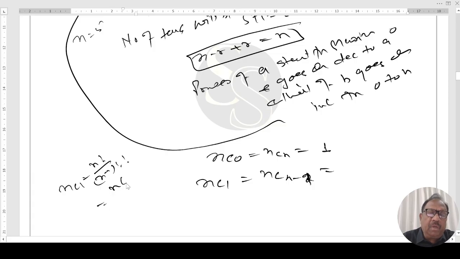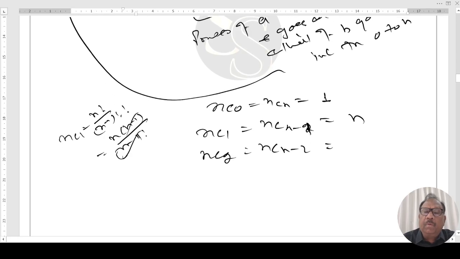On simplification, n into factorial n minus 1 divided by factorial n minus 1, so this comes out to be n.